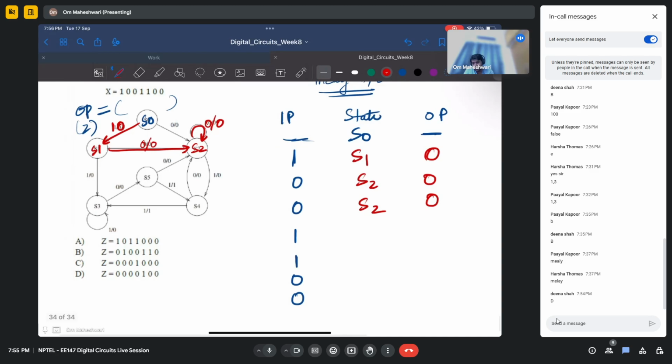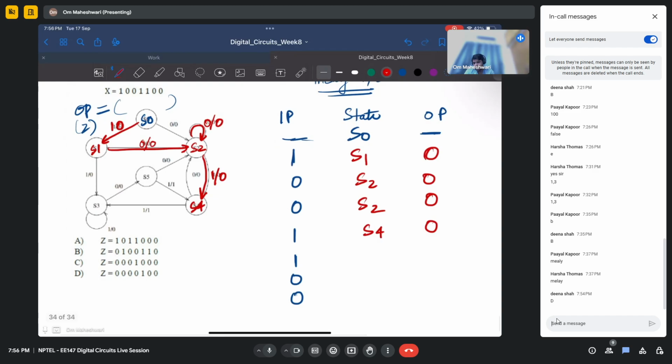Then you get 1 again. This is the 1 path. You go to S4 and your output is 0. Then from S4 your input is again 1. So this is the 1 input line. You go to S3, your output is 1. Then you get 0.